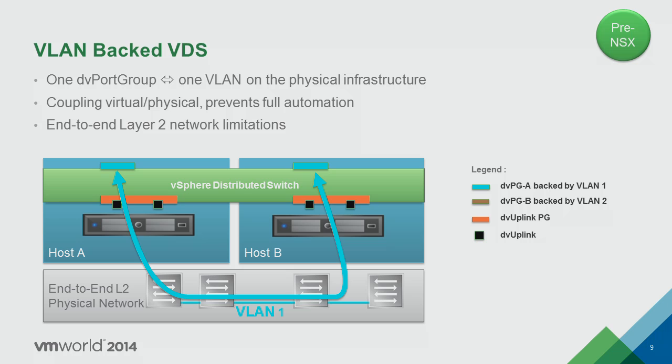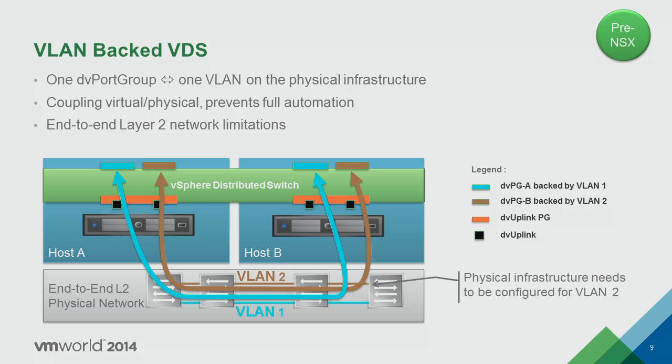So the problem with this VLAN-backed VDS is twofold. First, it introduces a dependency between logical and physical. So, for example, I have here a DV port group that is created, this blue DV port group, which is backed by VLAN 1. If I want to create a new DV port group in my infrastructure, this is a logical operation, right? I go to vCenter, I create a DV port group.